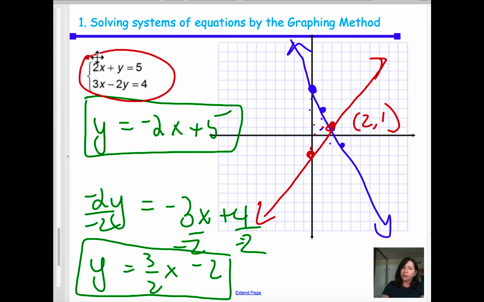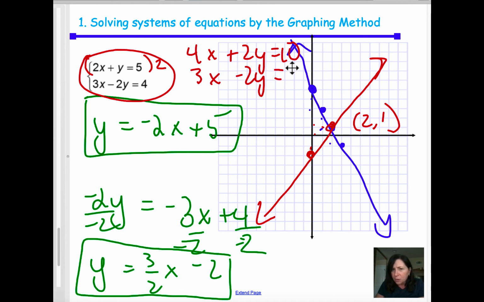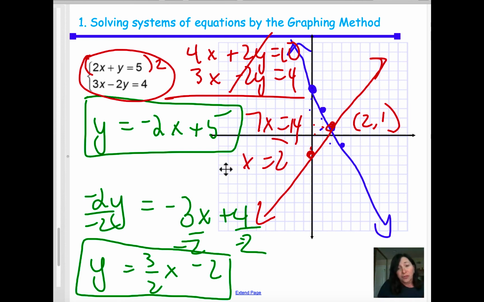If I wanted to solve this by elimination, I would multiply the top equation by 2. And what I would have then is 4x plus 2y equals 10, and then 3x minus 2y equals 4. And when I added those together, I got 7x equals 14, x equals 2, right?